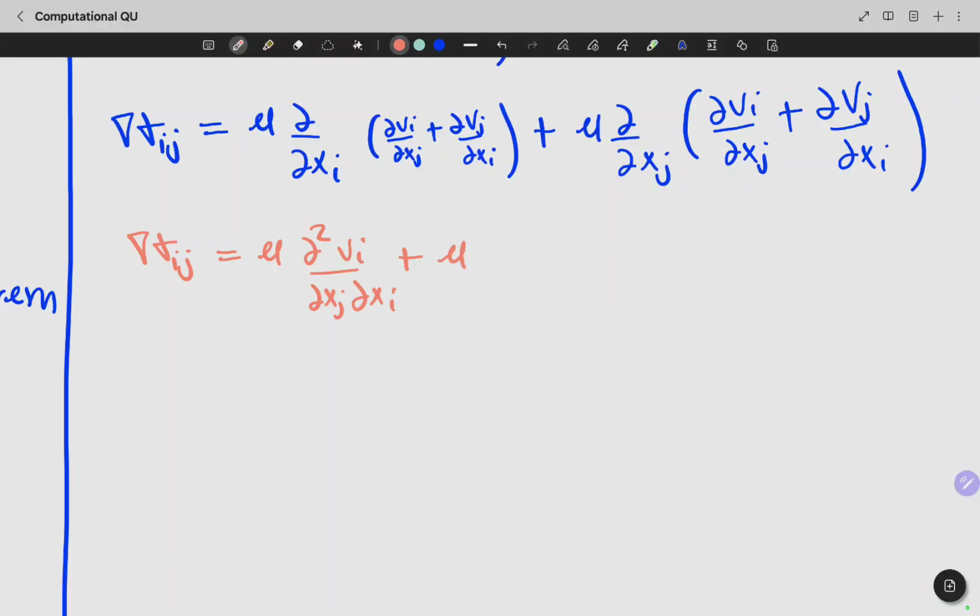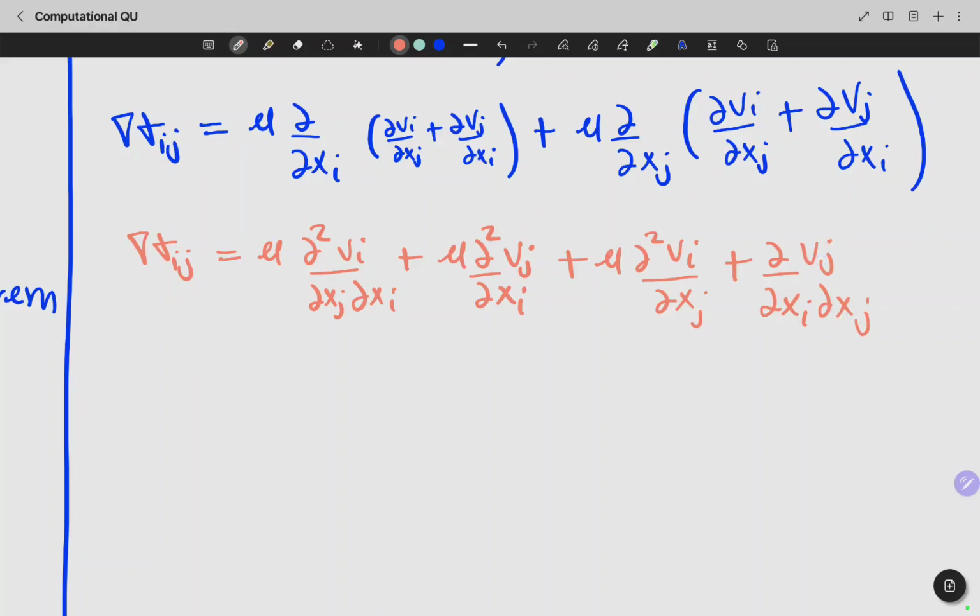Plus mu d by d, so now this is xi, so you can say d squared vj by dxi plus mu, this one you can say d squared vi by dxj, and then you can say plus, we can also switch here and say d by dxi dxj of vj.